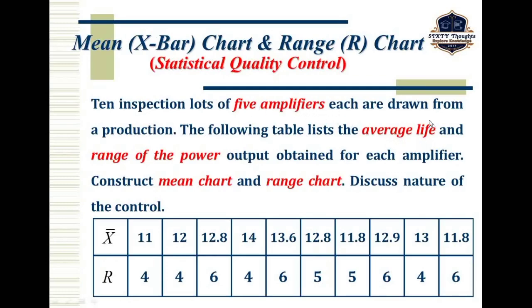They also give the average life, which is called the sample mean value, and the range of the power, which is called the sample range value, that is the r value. The x bar values are given. We are going to find the mean chart, that means the x bar chart, and the range chart, and also discuss whether the process is in control or out of control.